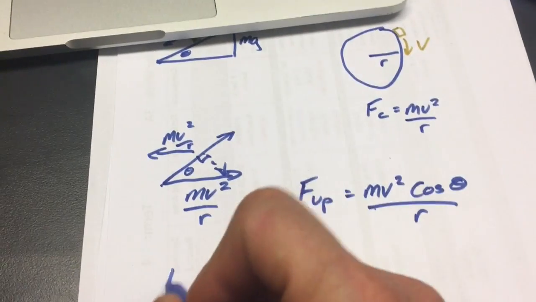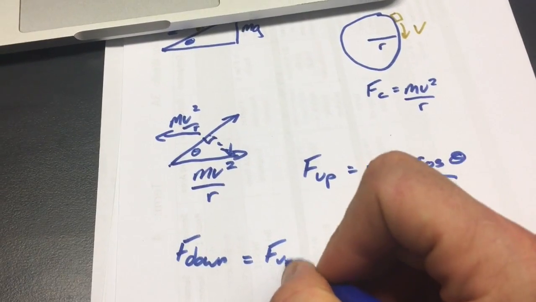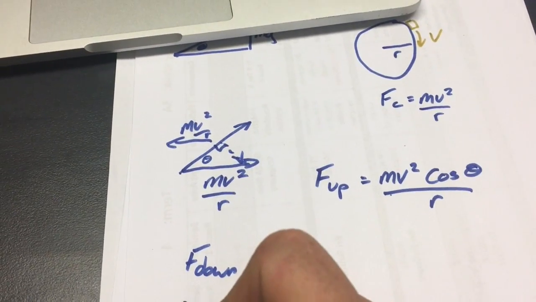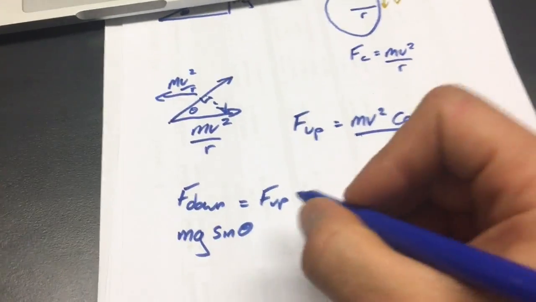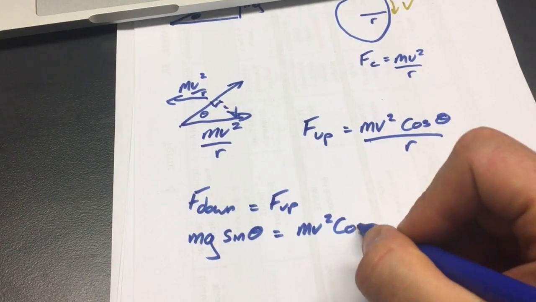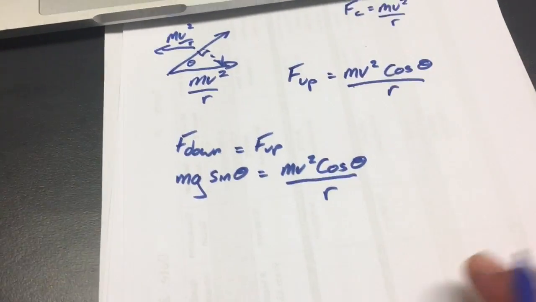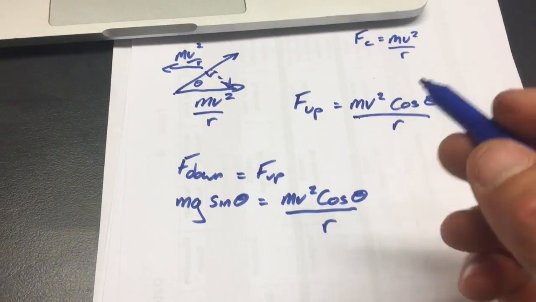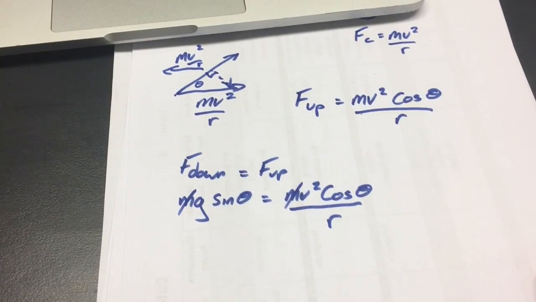And our ideal situation is that F down equals F up, mg sine theta equals mv squared cos theta over r. And straight away we can see we can cancel out the m's.